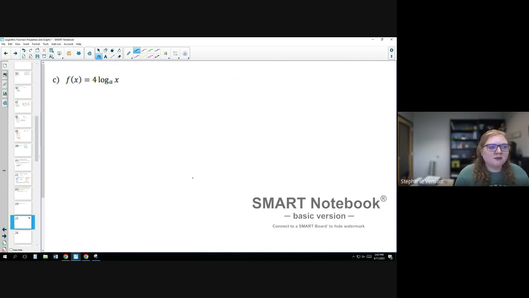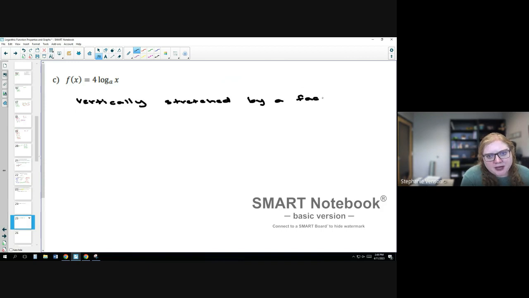But 4 is definitely bigger than 1, so this would be a vertical stretch by a factor of 4. So we're going to say that this function was vertically stretched by a factor of 4. That's what that would look like on a logarithmic function.